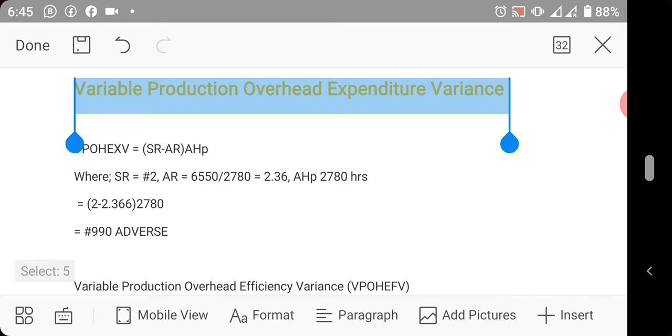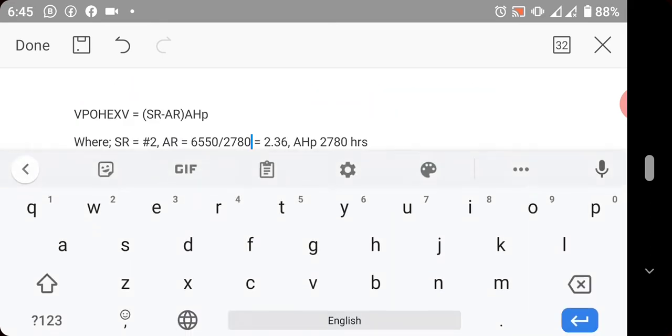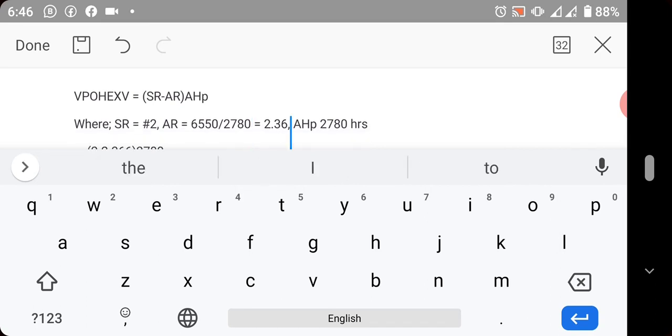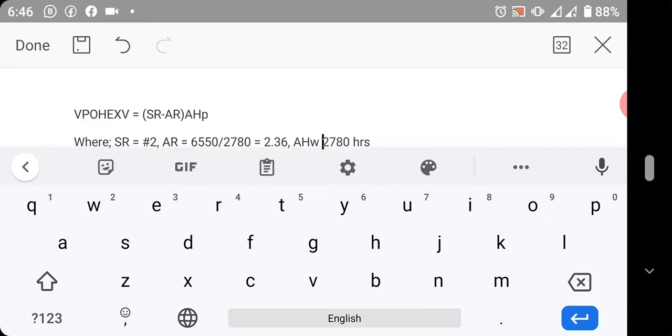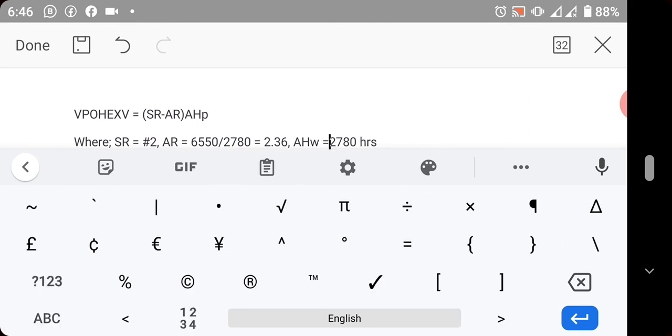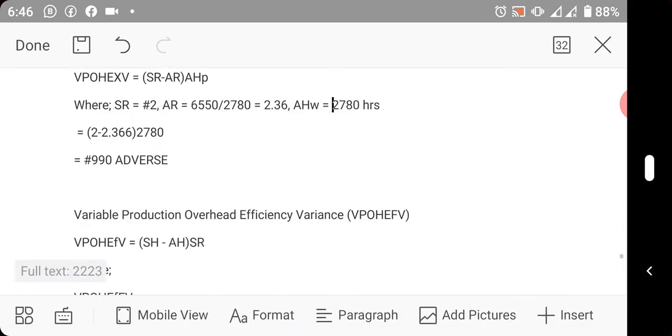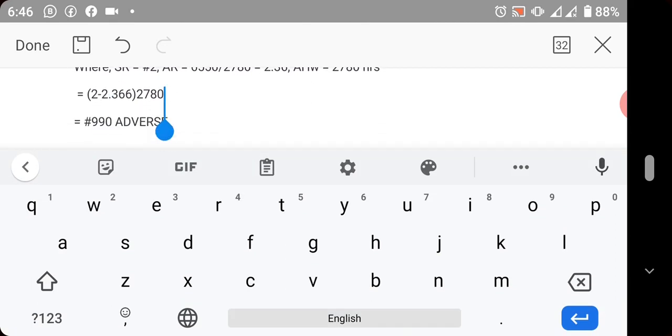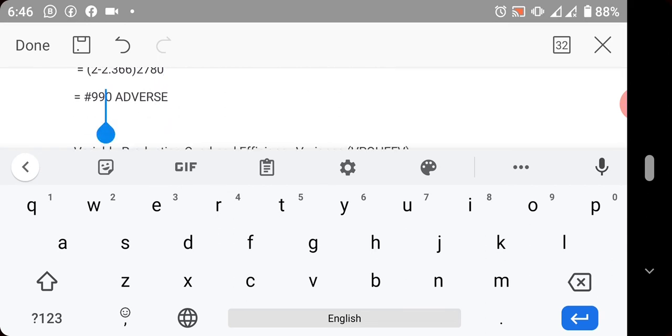The actual rate, you divide what we paid, 6,550, by the number of hours they worked, which is actually 2,780. You understand? So you substitute: 2 minus 2.366 times 2,780 will now give us 990, which is adverse.